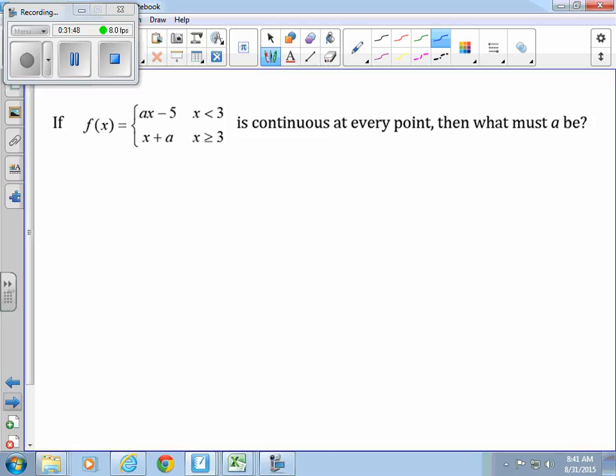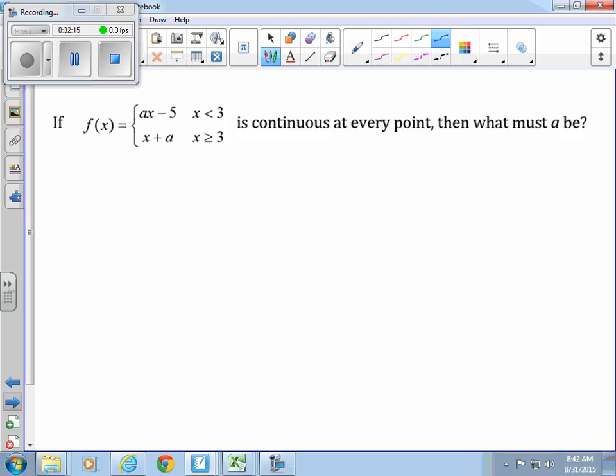We'll take this a step farther when we learn derivatives, and they'll say continuous and differentiable and make it even a little bit more fun. Very common AP problem. We know ax minus 5 is a continuous function, it's just a line.